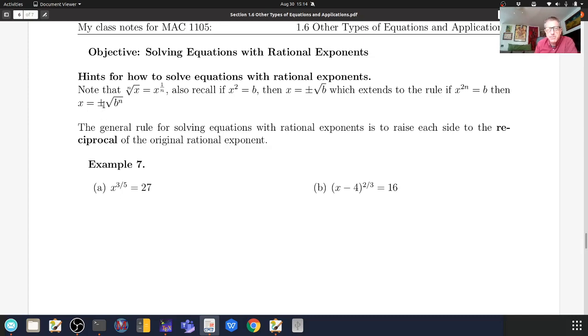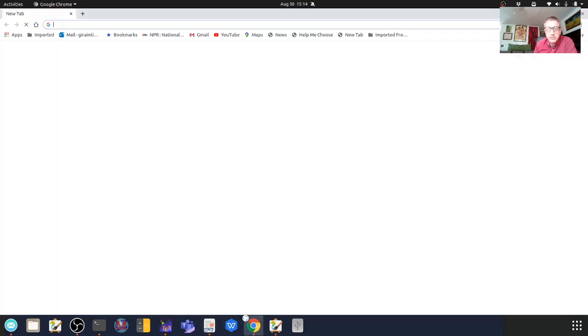That plus or minus will be something that we're going to have to deal with. But the general rule for solving equations with rational exponents is to raise each side to the reciprocal of the original exponent.